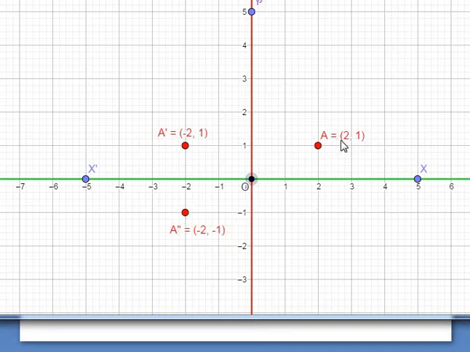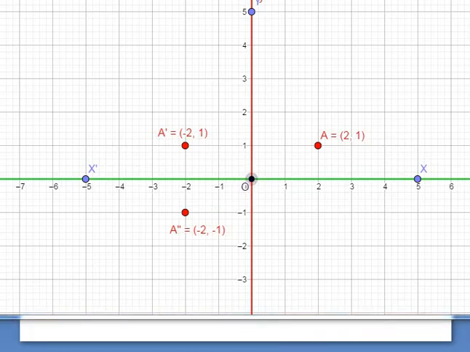Only the signs of the x and y coordinates change, and according to the formula, A and A double prime satisfy the rotation of 180 degrees about the origin. So the single transformation equivalent to this combined transformation is a rotation of 180 degrees about the origin O.